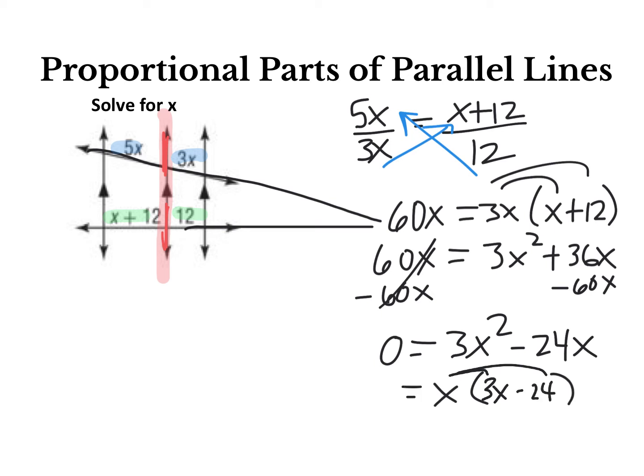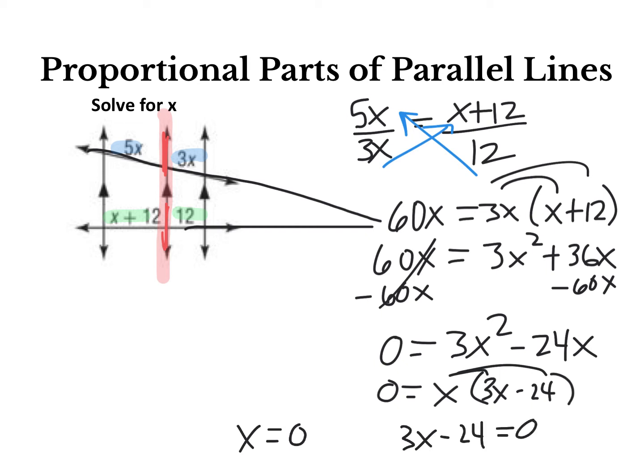And this equals 0. I wasn't intending for this problem to be an Algebra 2 review, but we ended up having an x squared in the process, so we have to solve. Then, if you remember back to Algebra 2, you set both of these terms equal to 0 and solve for x. So you have x equals 0, and 3x minus 24 equals 0.